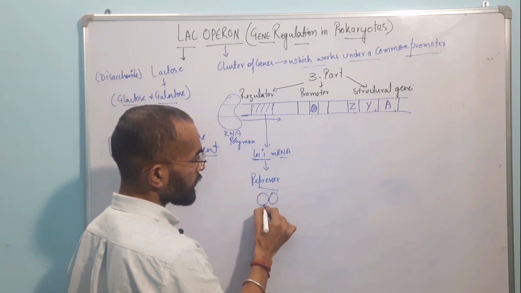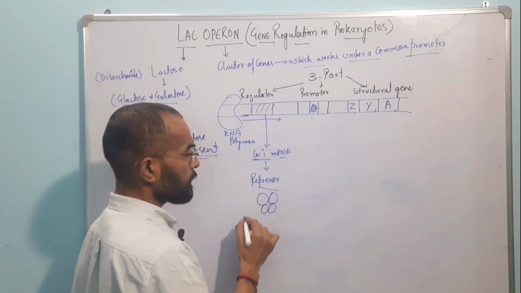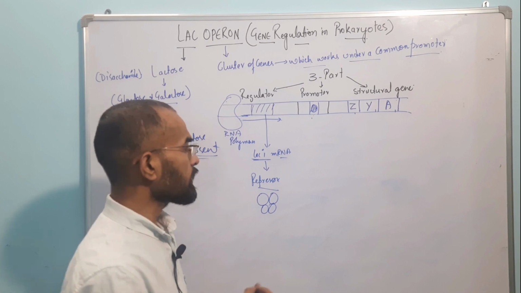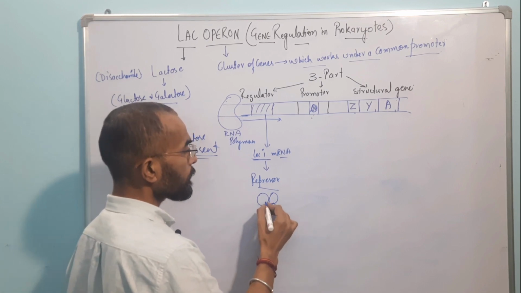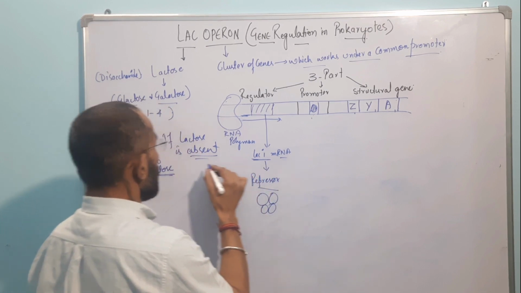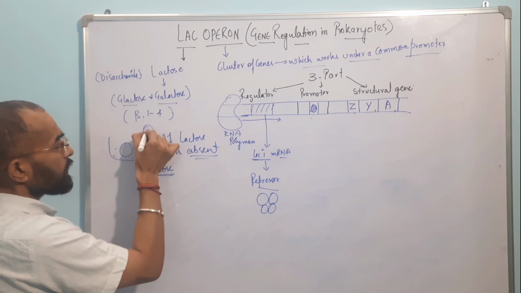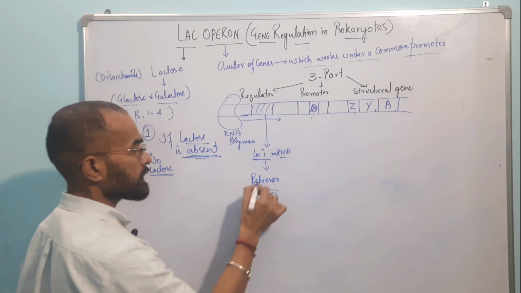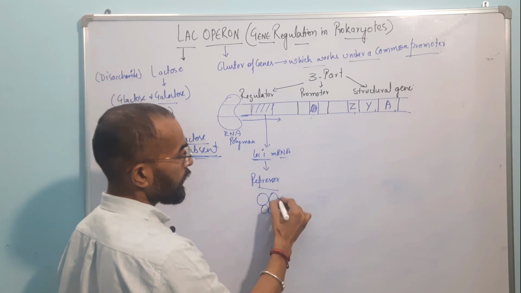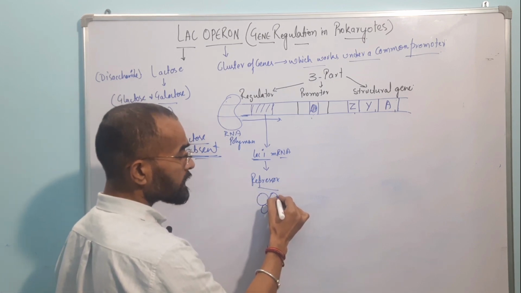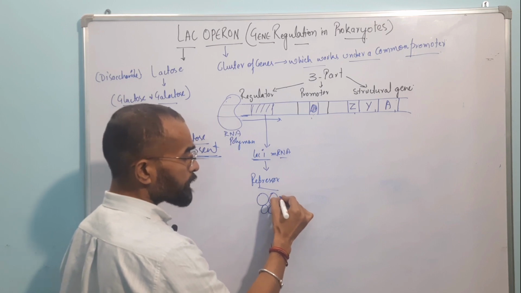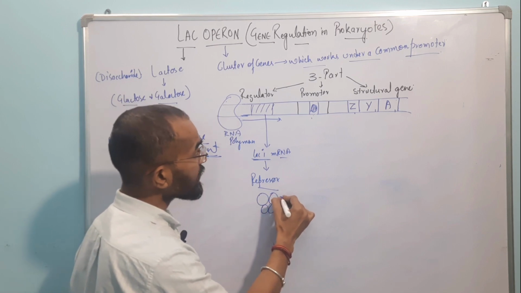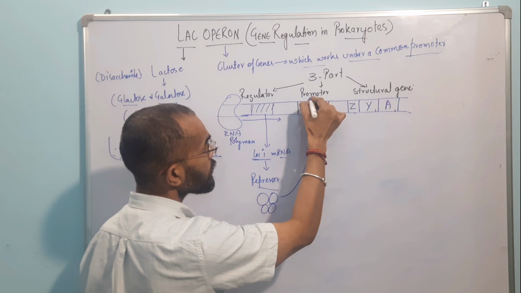And we earlier said that repressor is a homopolymer, that is, it is a tetrahomopolymer. First case is, in the absence of lactose, what happens? Repressor is formed, and repressor in the absence of lactose gets attached with the promoter.